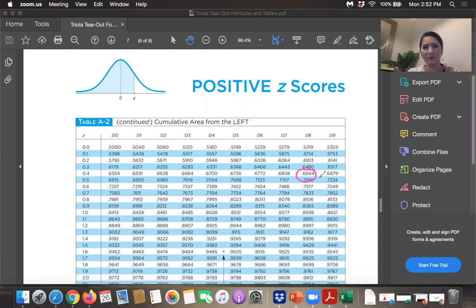So there's the 0.4 and there's the 0.08. So the probability that Z is less than 0.48 is the same as the probability that X is less than 80, and that is 0.6844 according to our table. Oops. Let me go back to my slides.